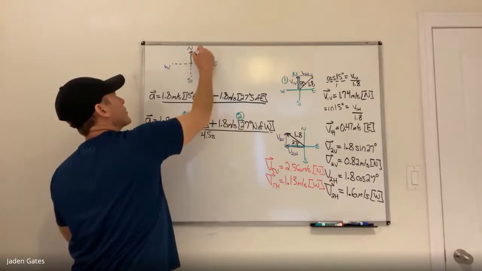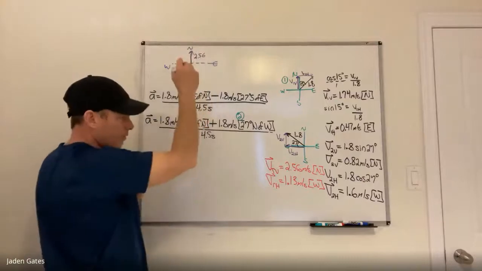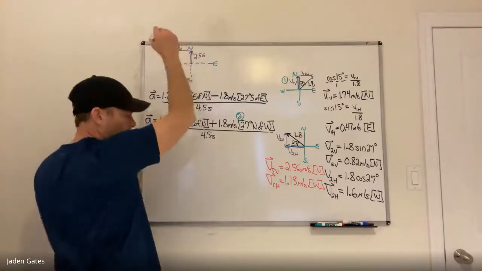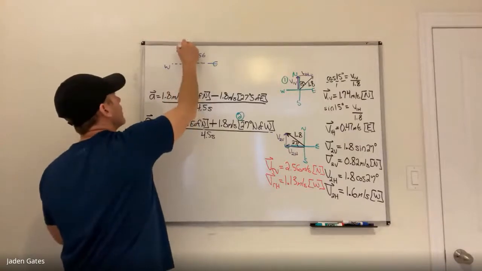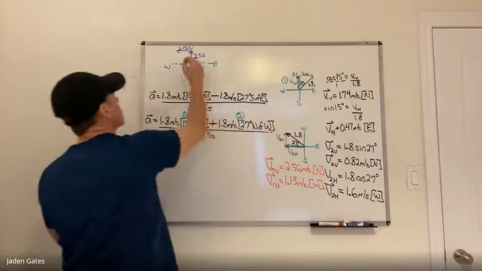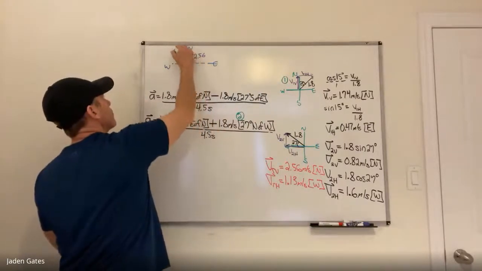There's 2.56 right there. All right, and then the next one's going west, 1.13, pardon me. All right, and our resultant will be, I guess I'll draw it in a nice green line here. There's our resultant vector we're looking for.